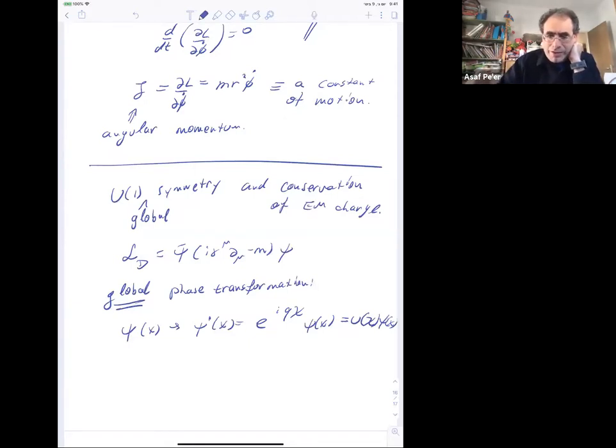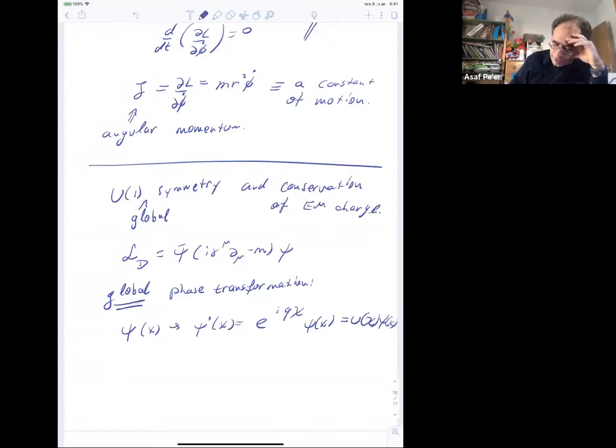The reason I put the Q here is because it's going to get the physical meaning, which is going to be the charge. Chi is some parameter, Q is just a real constant of the model, which seems unnecessary.